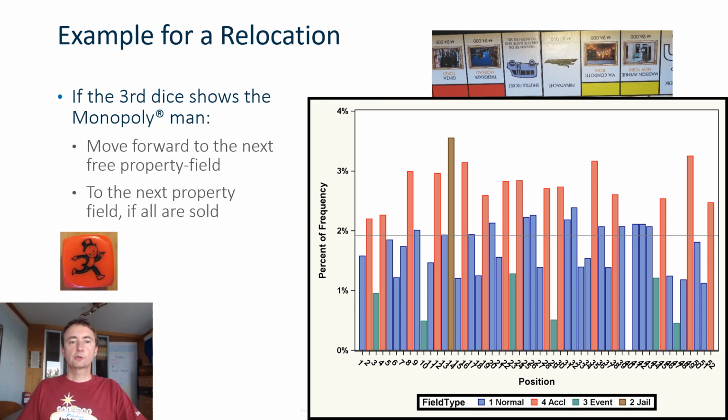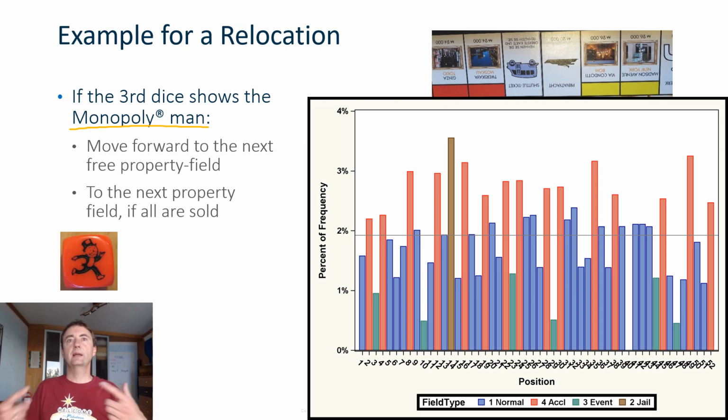So what is the instruction if on the third dice, on the monopoly dice, the monopoly man is shown? It says, in that case, move your token forward to the next free property field. So you know there are property fields like certain streets which you can buy, and if your token is located on a non-property field, you should relocate your token to the next free field.